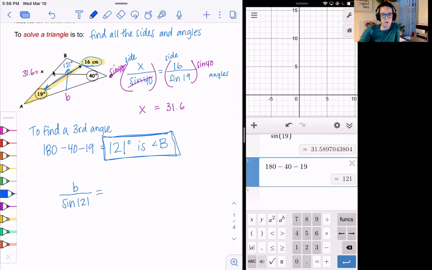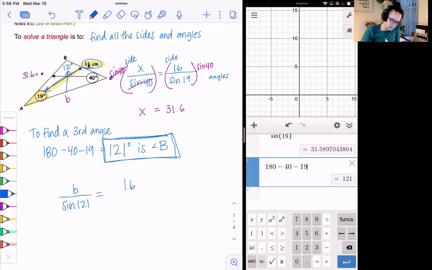I can use 40 and 31.6, or I can use 19 and 16. I'm going to use 19 and 16 because it was one of the original ones. I couldn't possibly have messed that up because that's what they told me. So I'm going to have side 16 over sine 19 degrees because those are related to each other.